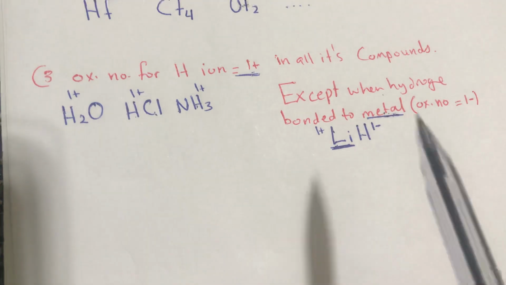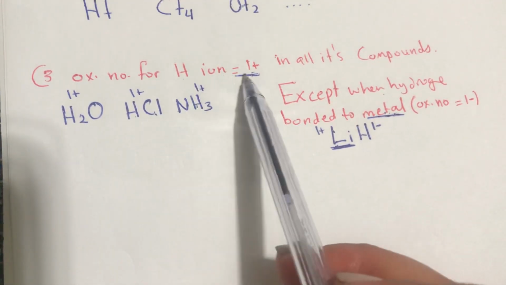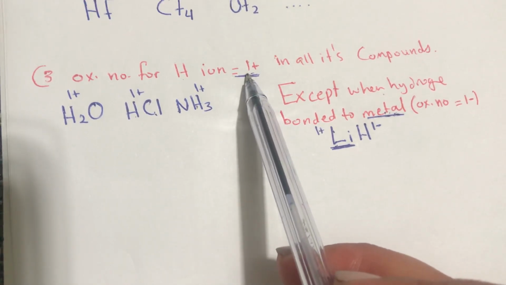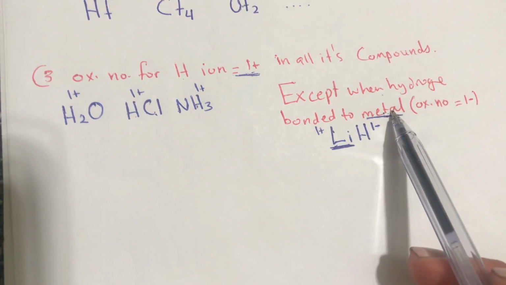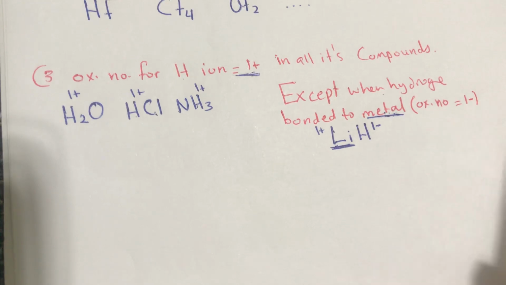So again, when hydrogen is bonded to non-metal, the oxidation number in all its compounds is +1, except when hydrogen is bonded to metal. In this case, the oxidation number is -1.